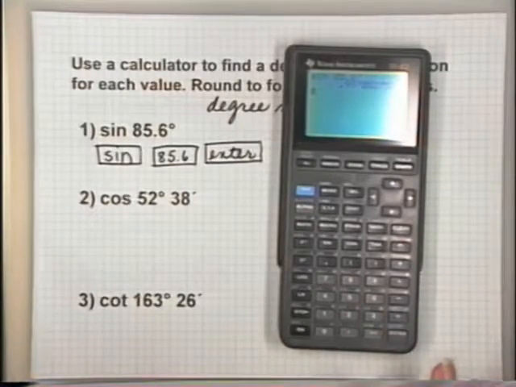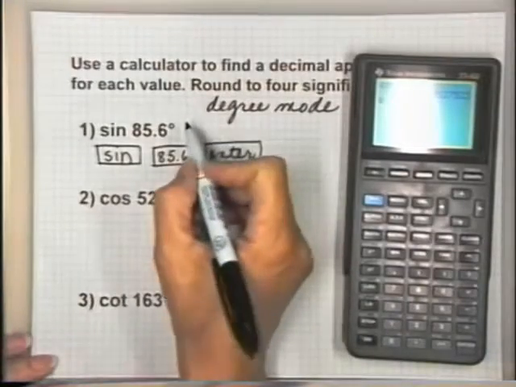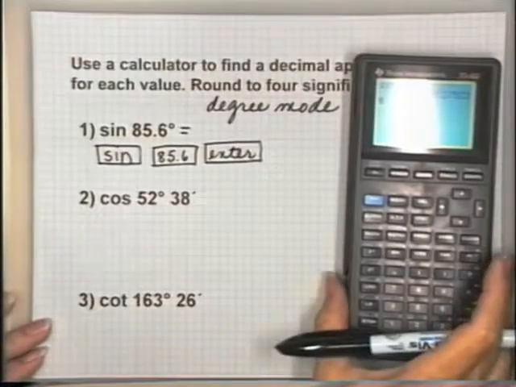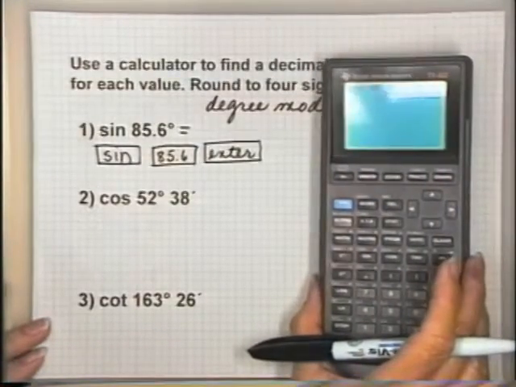You should get a value between -1 and 1, because sine values are always between -1 and 1 for angles other than the quadrantal angles.